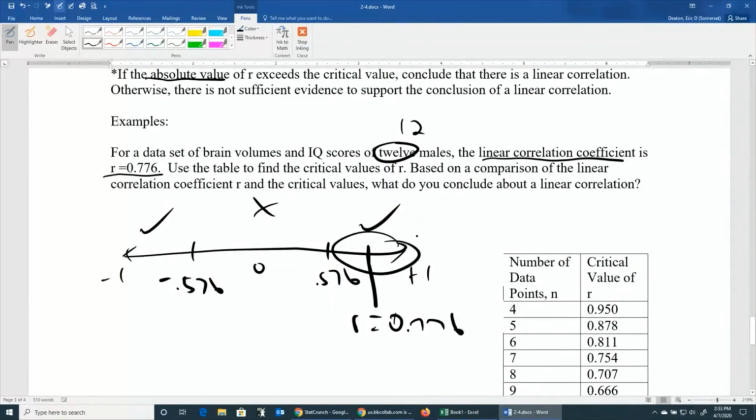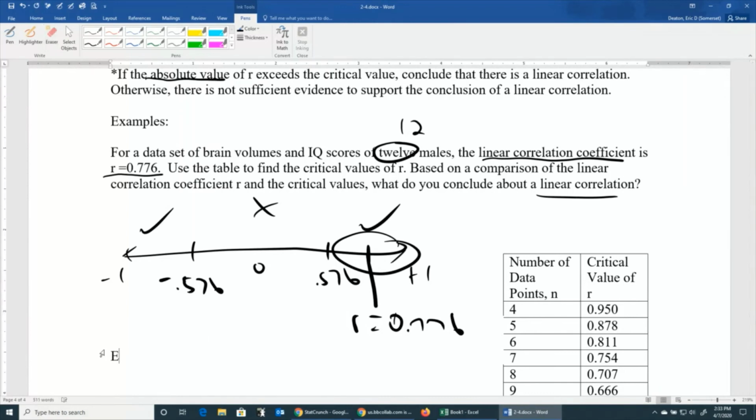Since it is in this region, what can you conclude about linear correlation? That there is evidence to support. I'm just going to type that out.